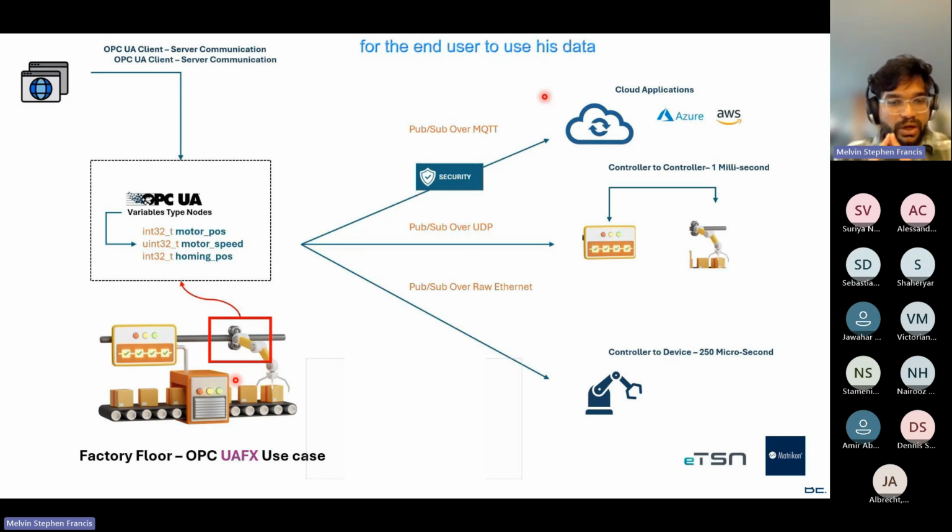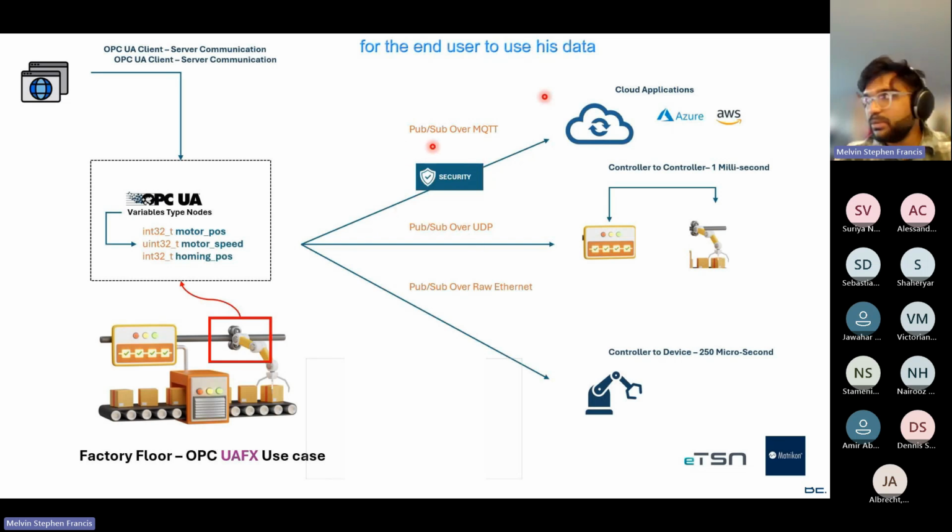But there is one huge scenario that we need to consider, which is security. Since you are exposing your robot data to the cloud, obviously the person who's listening there can also control the robot, right? So for this purpose, you need a proper security mechanism implemented.